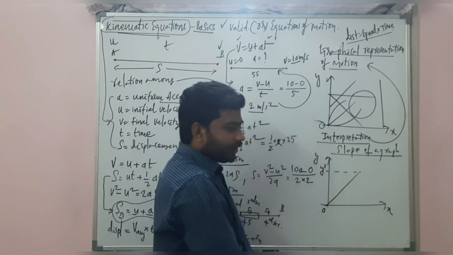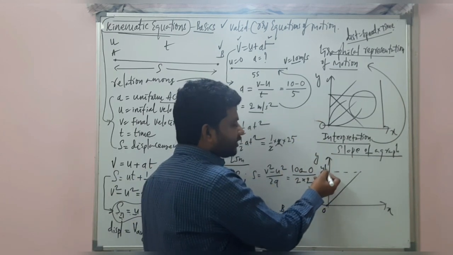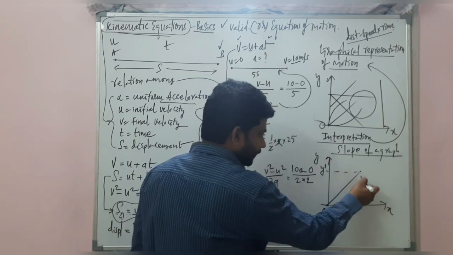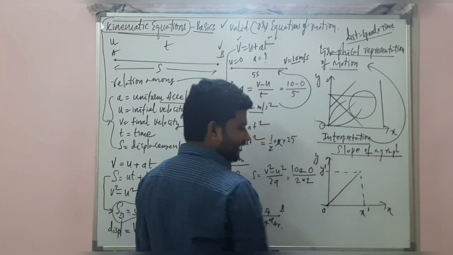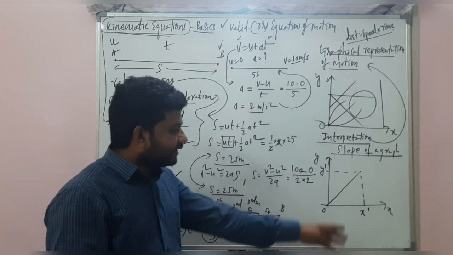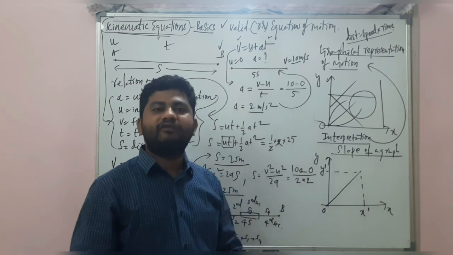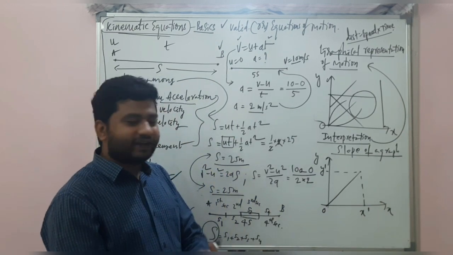For example, if y is the displacement, y dash may be 10 meters or 5 meters. Along the x-axis, this is the point x dash. If you take time along the x-axis, x dash may be 5 seconds, 6 seconds, something like that. Now, how to find the slope?